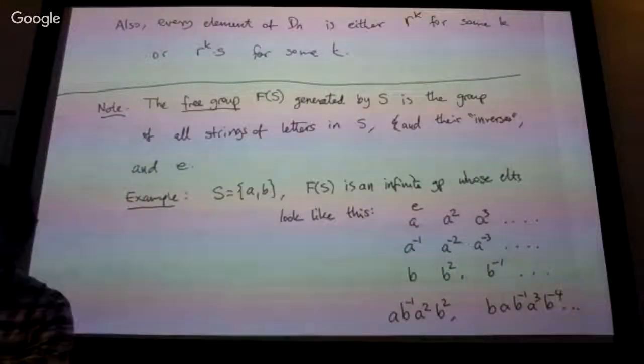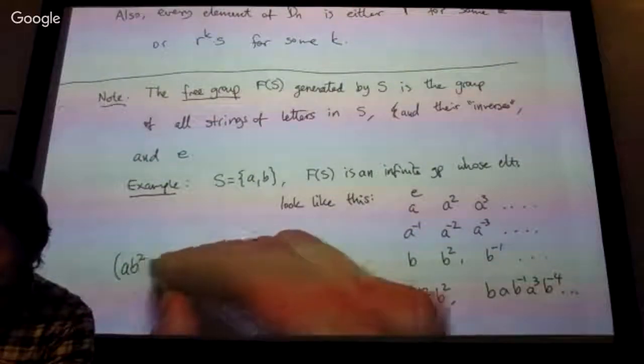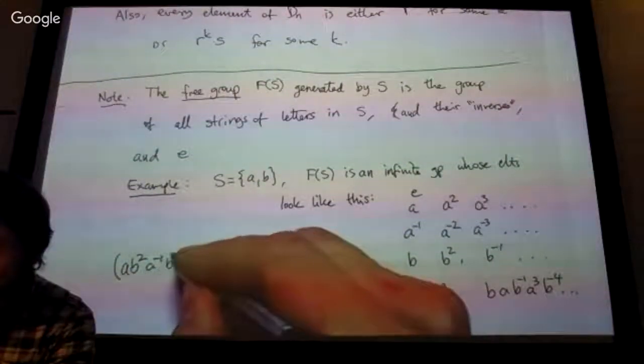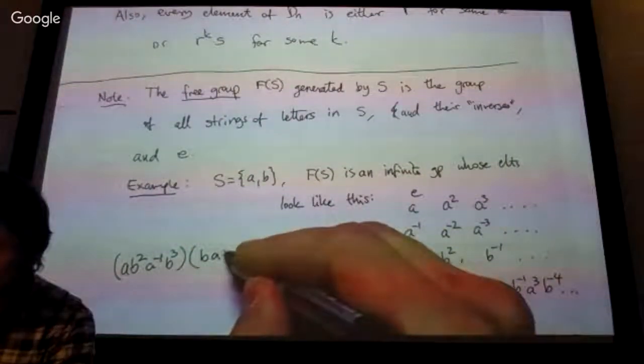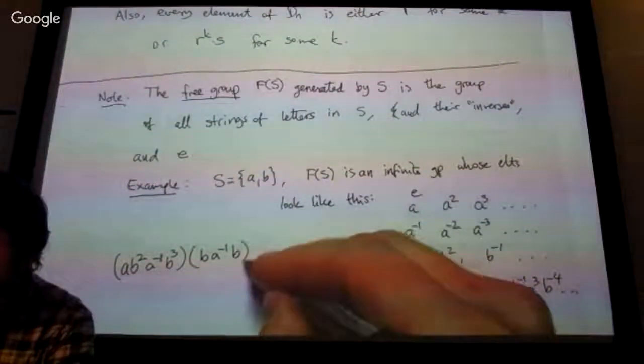So how do you multiply in this group? For example, if you take A B squared, A inverse, B cubed, and multiply it by B, A inverse B, then what do you get?